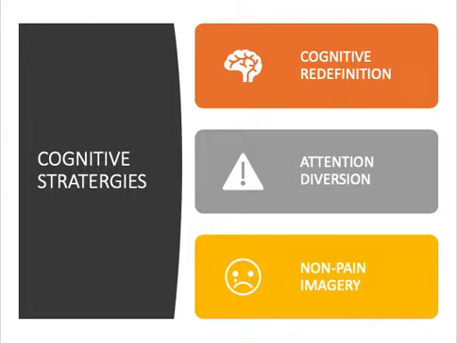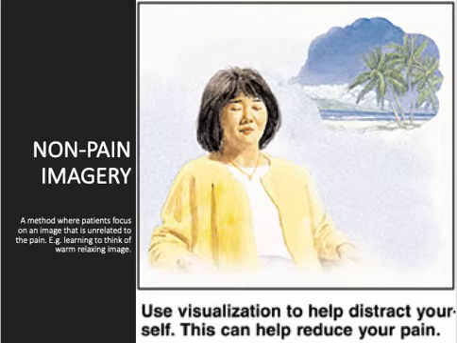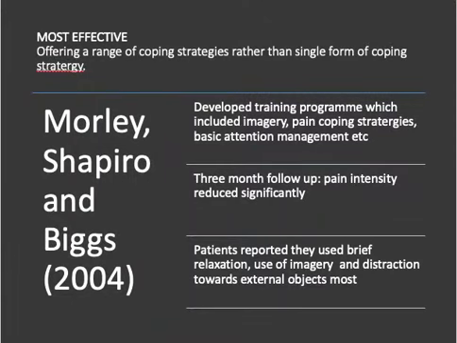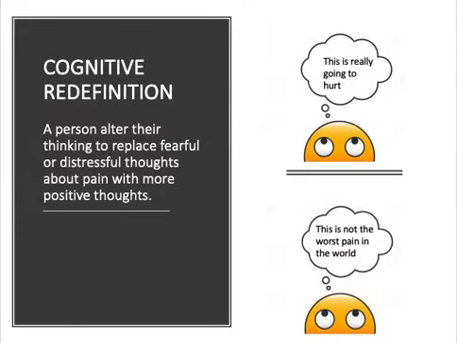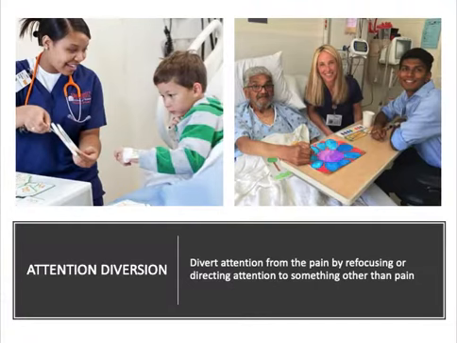Okay, so these three methods are the cognitive strategies. You can find more in your textbook. Now, what they say is it's only effective if you combine a few of these and not just focus on one, maybe just using attention diversion on one patient.